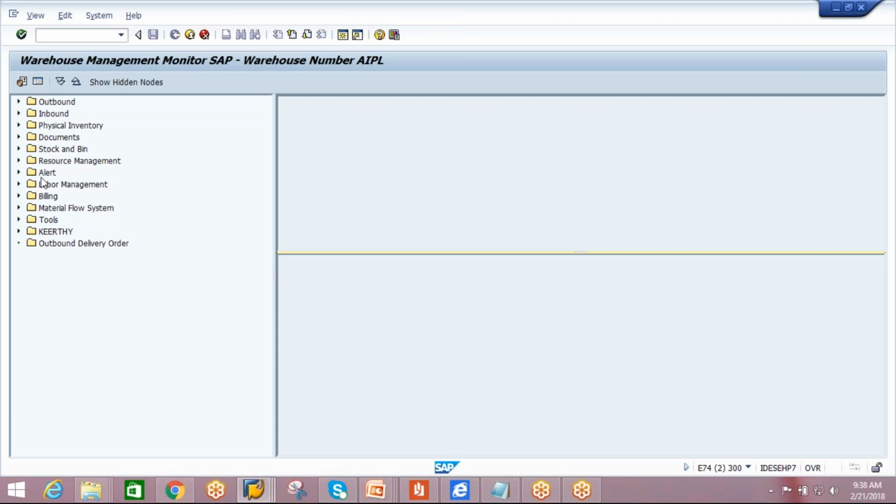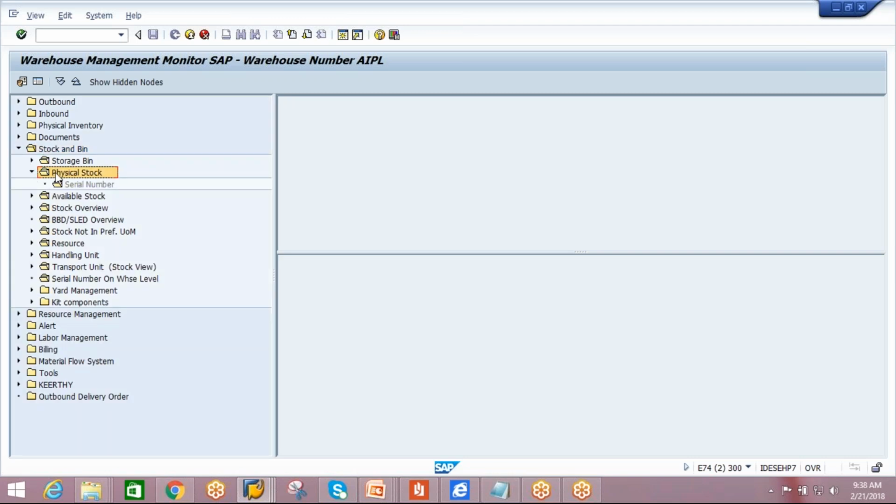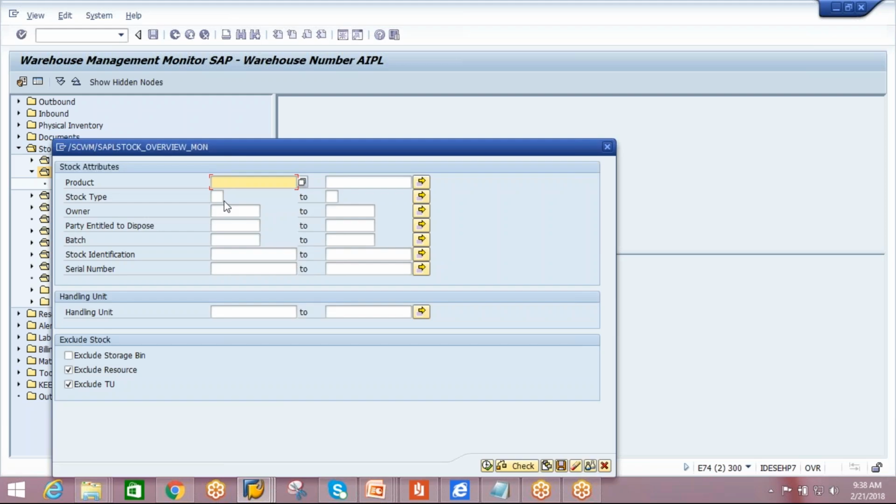Now I want to see my stock position of the AIPL mat1 product. Go to one of the nodes, stock and bin. Here physical stock, click here, AIPL mat1.